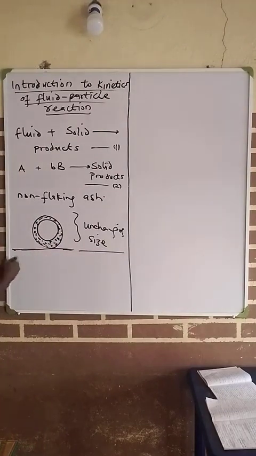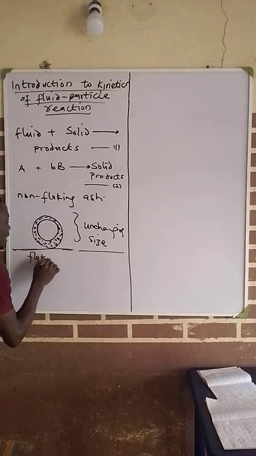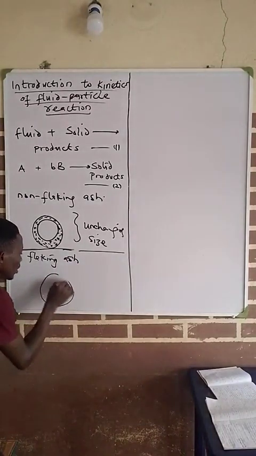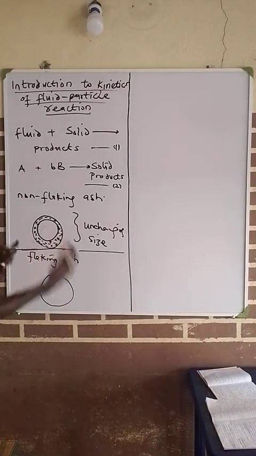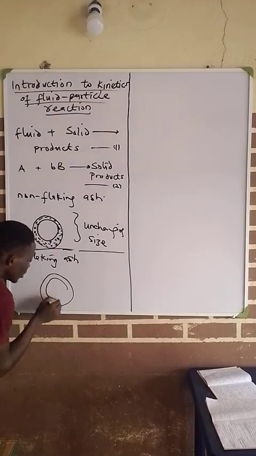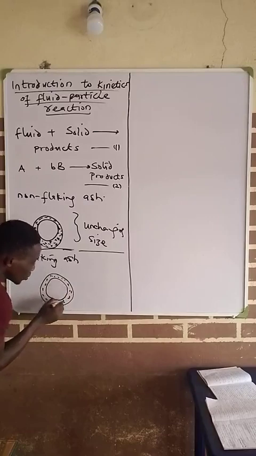So let's look at a scenario when it changes in size. Generally, the impurities are flaking ash. Let's assume that this is our particle. After the reaction, or during the reaction at time t, let's assume that this area has undergone reaction.